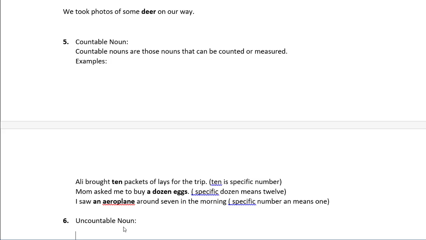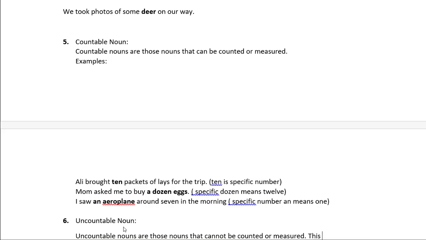However, we read that countable nouns can be counted or measured; here they are unable to be counted or measured. We can write the definition: uncountable nouns are those nouns that cannot be counted or measured.